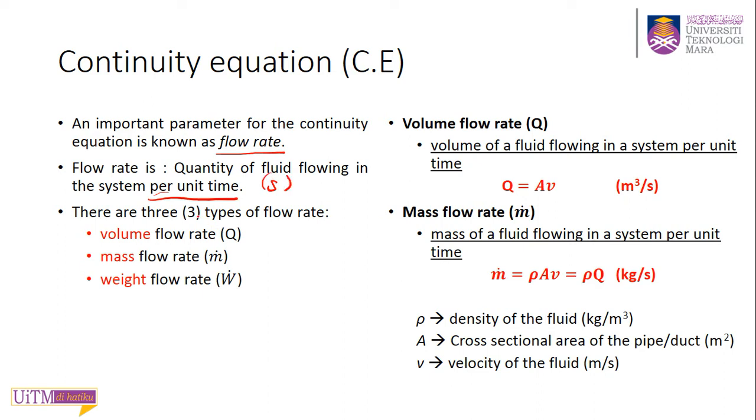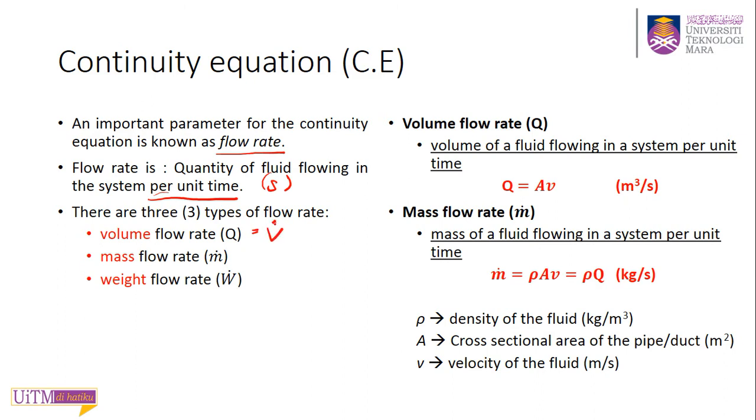Right. So there are three types of flow rate: volume flow rate, where the symbol is Q; mass flow rate, where the symbol is m dot; and the last one is weight flow rate, W dot. You might find your friend in another class, their lecturer teaches them the volume flow rate is V dot.